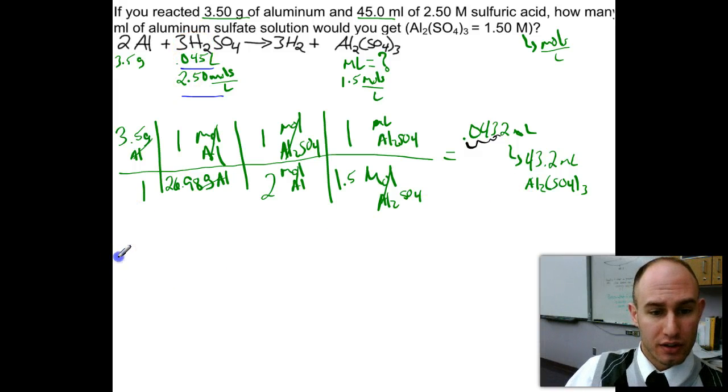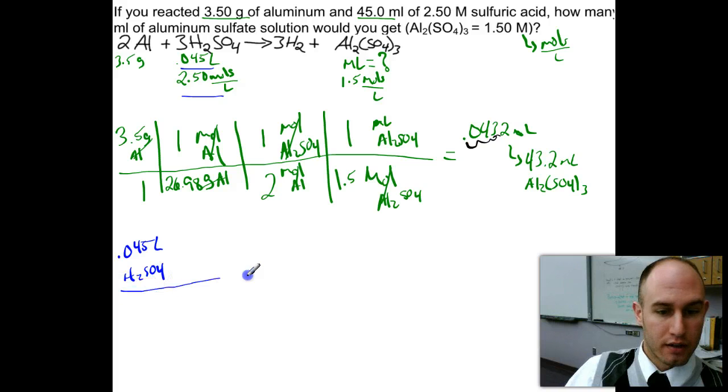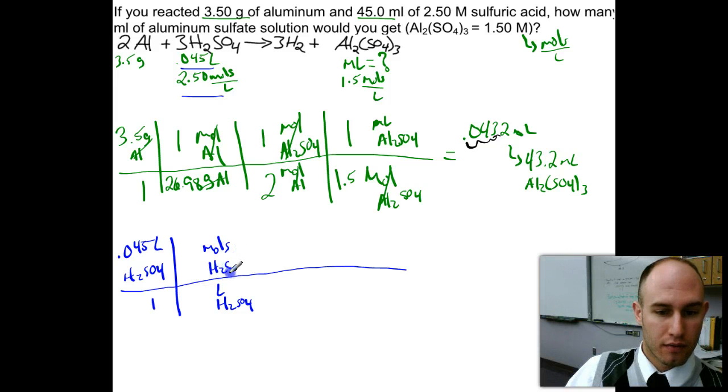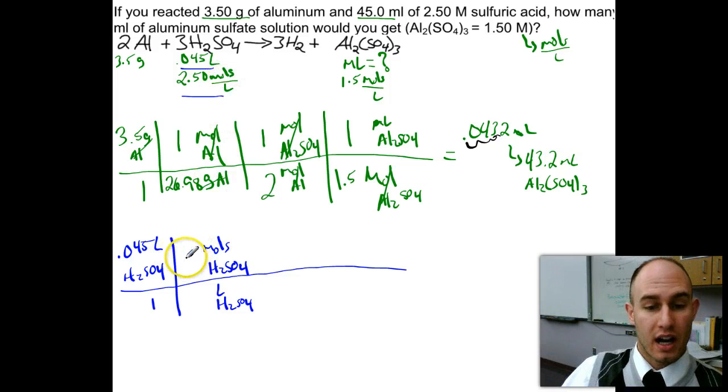So again, I'm going to start with the 0.045 liters of H2SO4 over 1. I'm going to bring down liters of H2SO4, and I'm going to moles of H2SO4. In 2.5 moles, there's 1 liter. That's the molarity, or the concentration, of my sulfuric acid. So it's 2.5 moles per 1 liter.